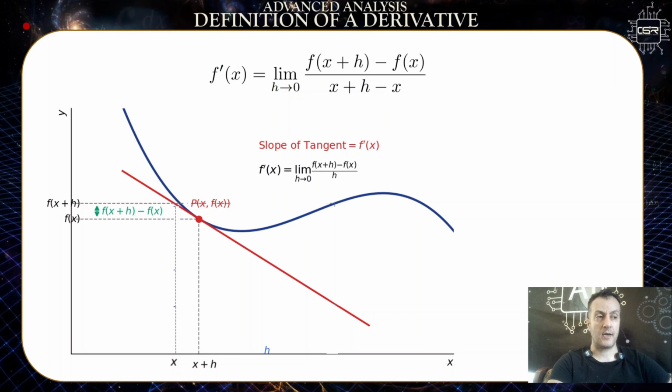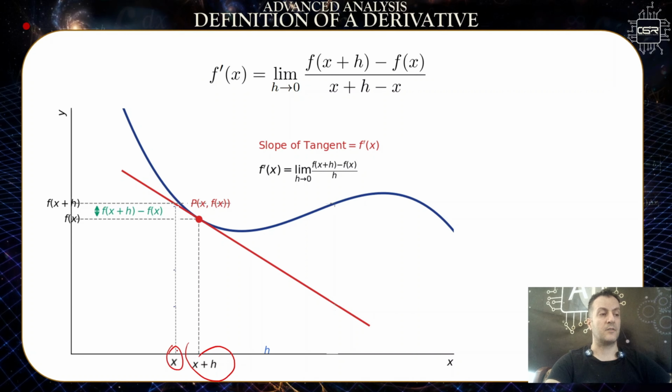f prime of x, or the slope of the tangent, is equal to the rise over run, meaning how much the curve is ascending or descending in comparison with the distance being traveled during that rise or descent. Here you notice to the left we have x plus h and x.